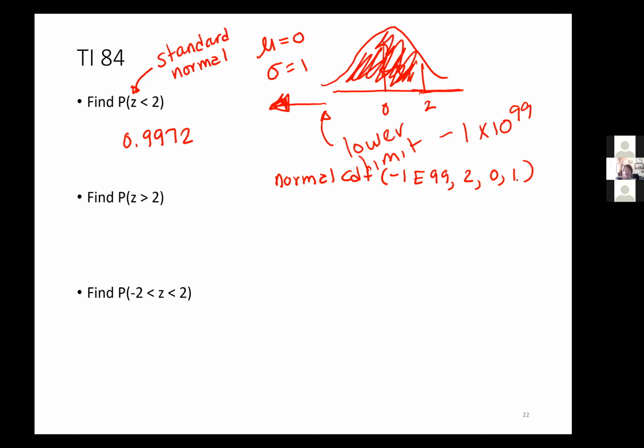All right, so what about finding z is greater than 2? Well, you can do it a couple of different ways. Now, you could say, okay, z greater than 2, let's shade that in a different color, if my computer will let me.